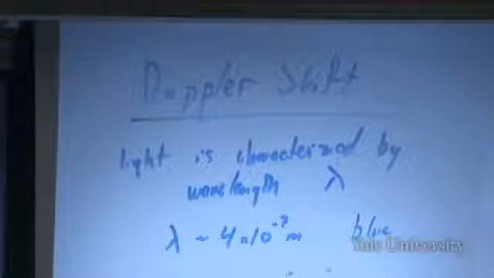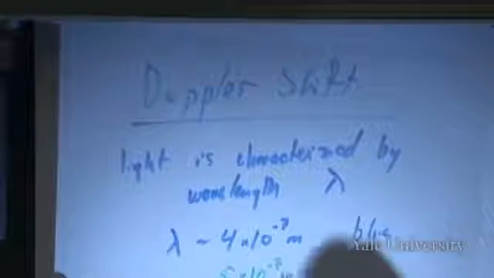Let's color code this for your convenience. 5 times 10 to the minus 7 meters looks green. 7 times 10 to the minus 7 meters kind of looks red. Longer wavelengths are what we call infrared. And shorter wavelengths that we can't see are called ultraviolet.